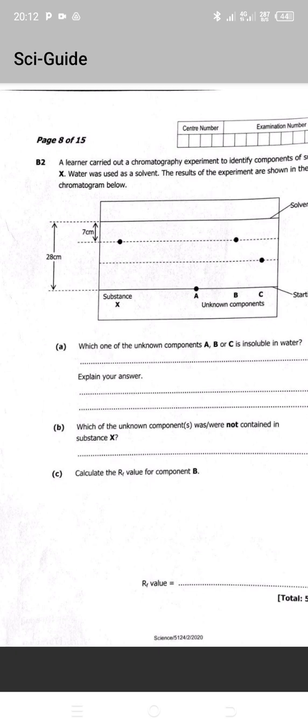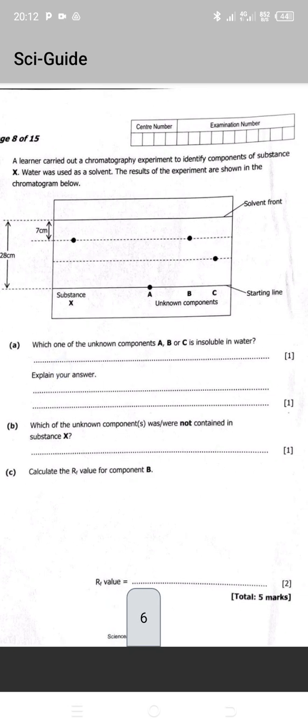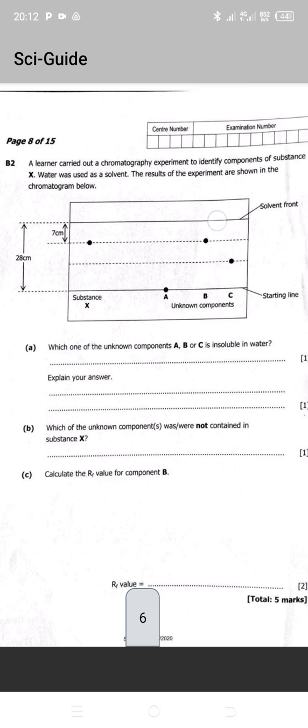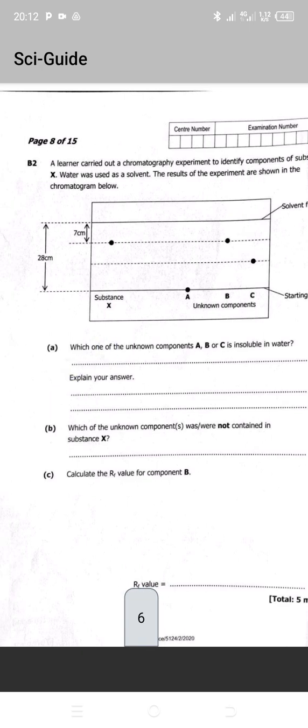Next, we need the distance moved by the solvent front. The solvent front moved from the starting line up to where they have indicated here as the solvent front, which is 28 centimeters. So therefore, we can say RF, which is retention factor, is equal to the distance moved by the spot over the distance moved by the solvent front.